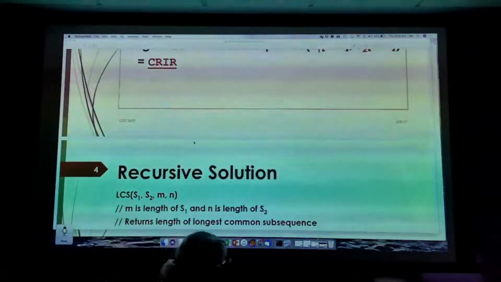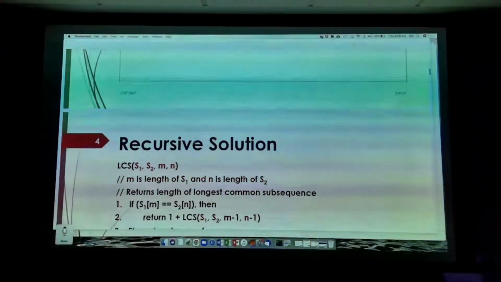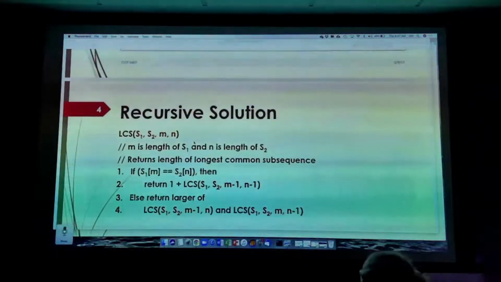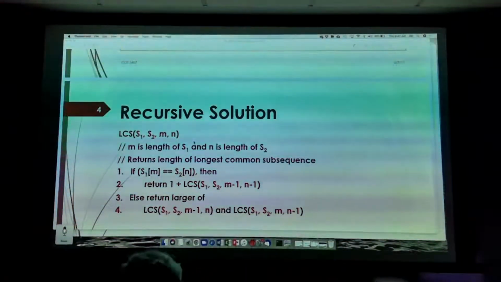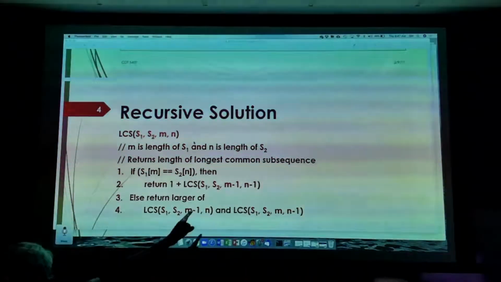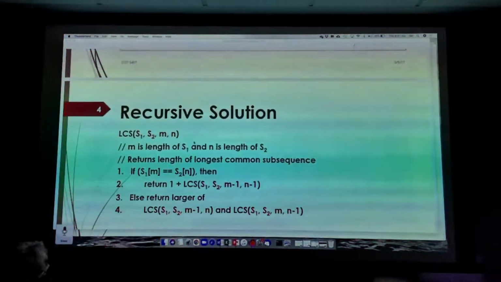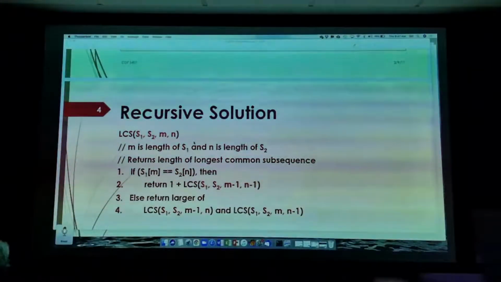Now, here is how the recursive approach goes. It turns out that there are actually two possibilities. The way we're going to simplify the problem is we're going to look at the last character of S1 and the last character of S2. There are only two possibilities. Either those two characters are the same or they're not.